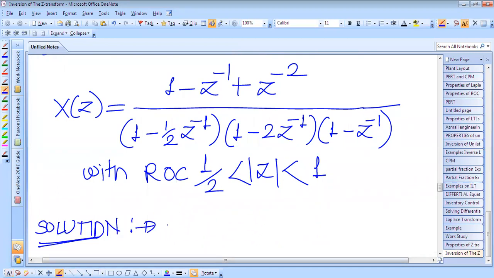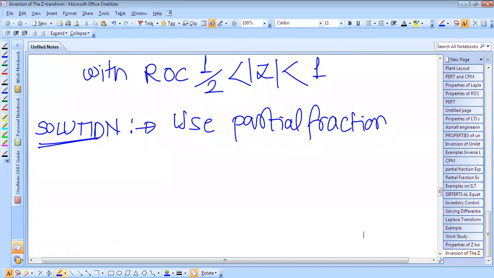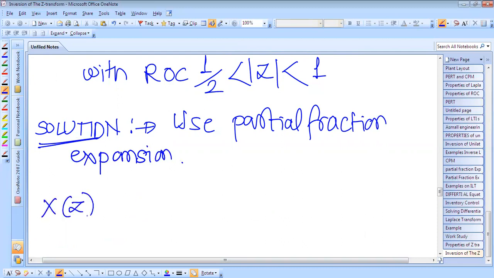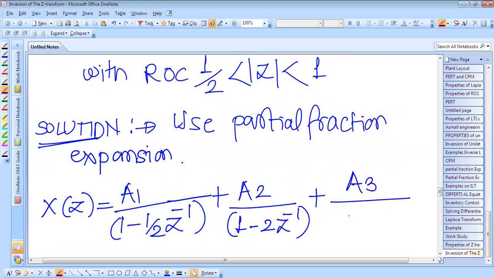Use partial fraction expansion. Therefore, X of z is equal to A1 over the first factor 1 minus half z raised to power minus 1, plus A2 over the second factor 1 minus 2 z raised to power minus 1, plus A3 divided by 1 minus z raised to power minus 1.